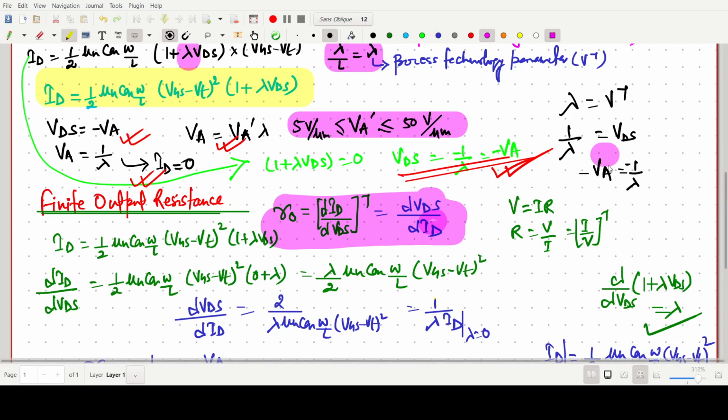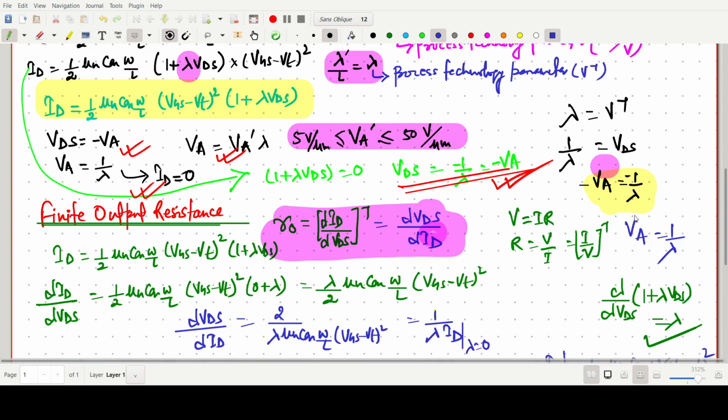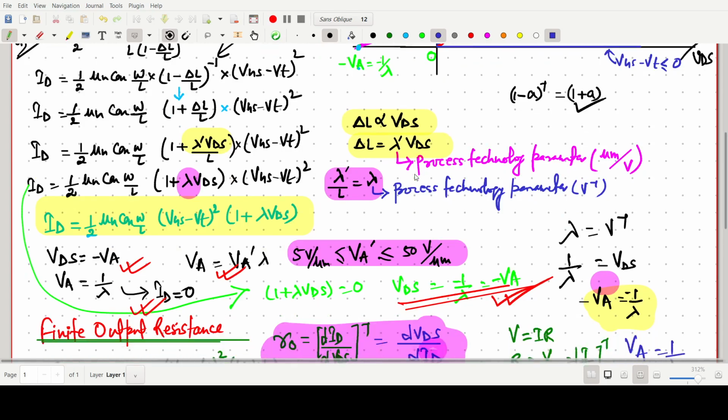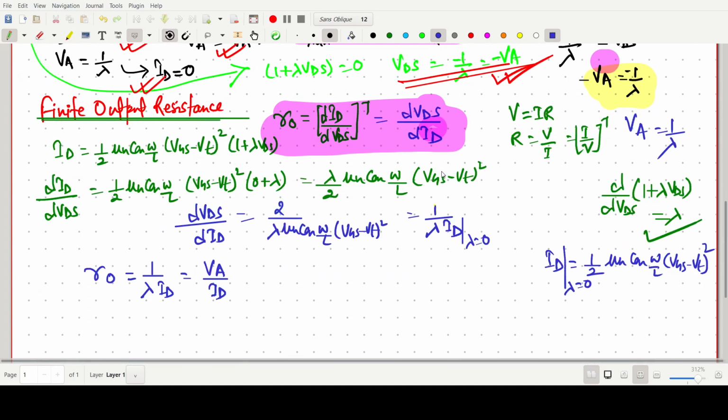This VA is just 1 by lambda from the process technology parameter. VA is 1 by lambda, the early voltage. So this one is simply our VA by ID, or in general we can write del VDS.